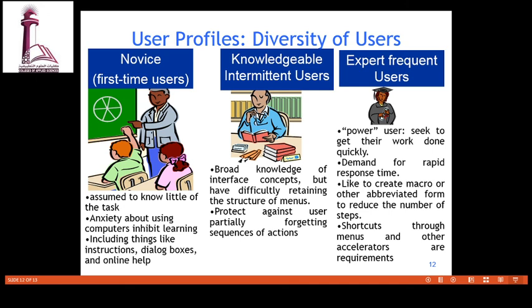And then the last type is expert frequent users, as we have seen before, power users or super users. They are experts, they know everything in the computer. They want to get their work done quickly, in a fast manner, and that is the reason they demand rapid response time.